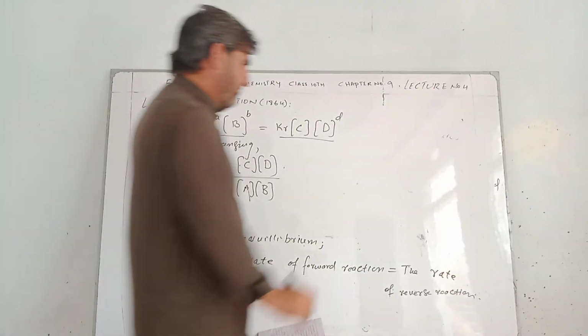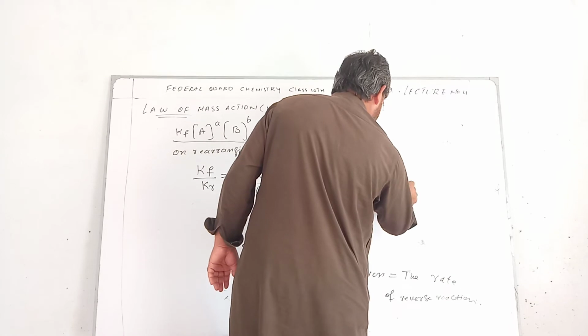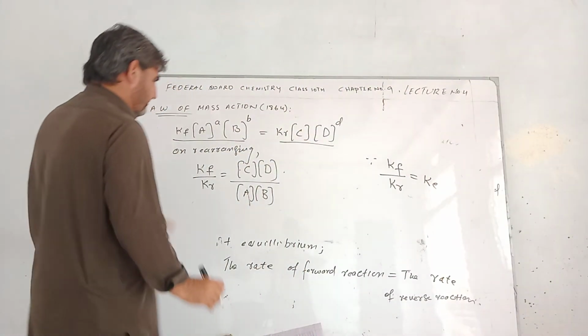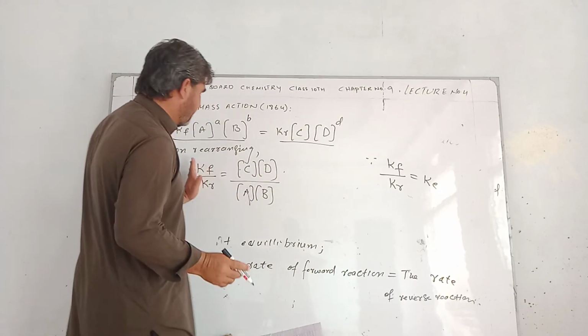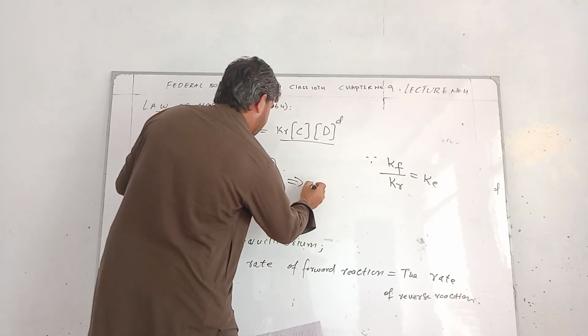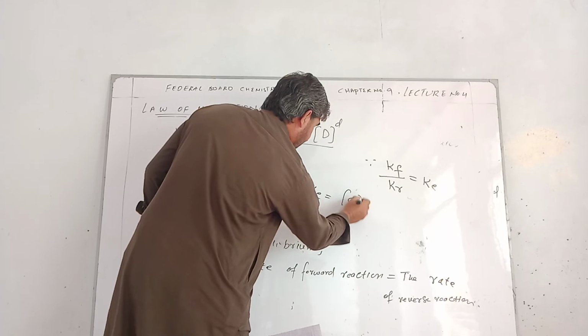Very simple. Therefore, Kf divided by Kr is equal to Kc. Now, instead of this, we will put Kc here, so Kc will be equal to the concentration of D.